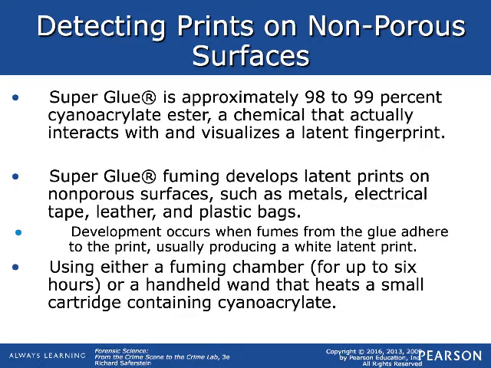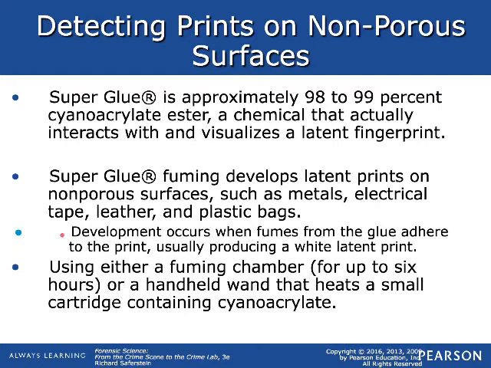They could be put in a box, and the super glue is a fume, like a gas of the super glue, that is put into there. So super glue fuming develops latent prints on non-porous surfaces such as metals, electrical tape, leather, and plastic bags.